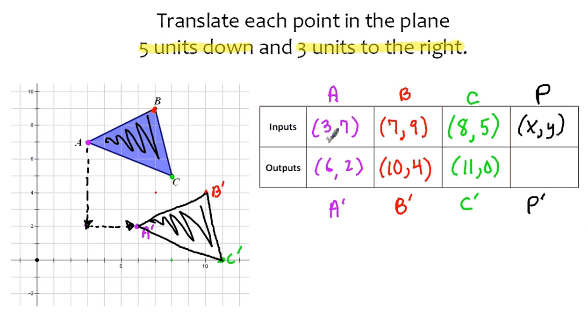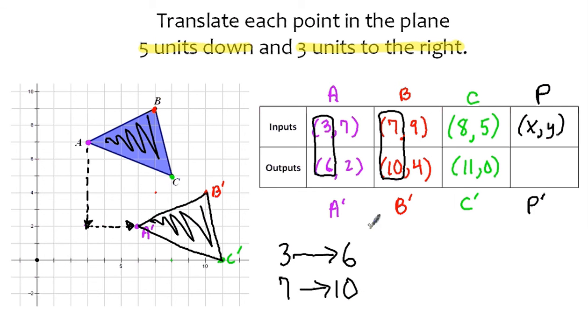Here goes. Looking at the x coordinates, we need to transform 3 into 6. We need to transform 7 into 10. And we need to transform 8 into 11. So we have to look for structure here. We need to find some math process that takes all these 3 inputs and produces these 3 outputs.